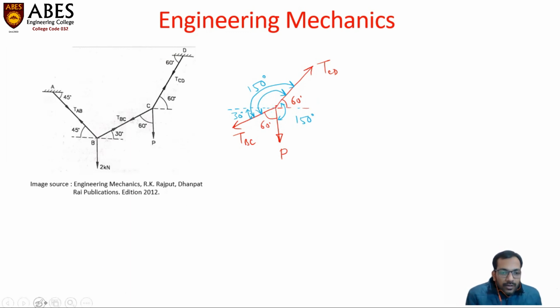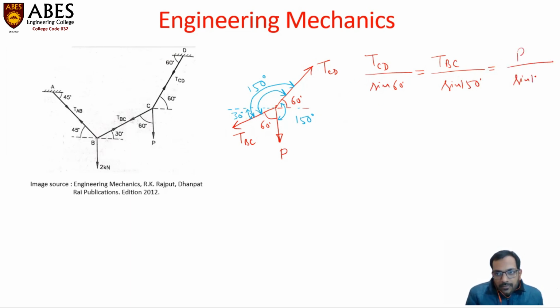We can calculate the unknown forces using Lami's theorem. So let's apply it: TCD upon sine 60 degrees is equal to TBC upon sine 150 degrees is equal to P upon sine 150 degrees.